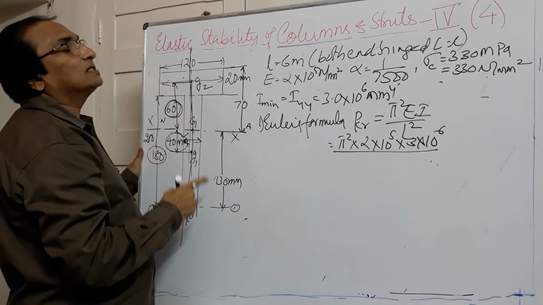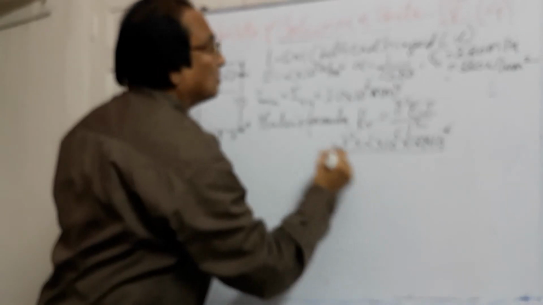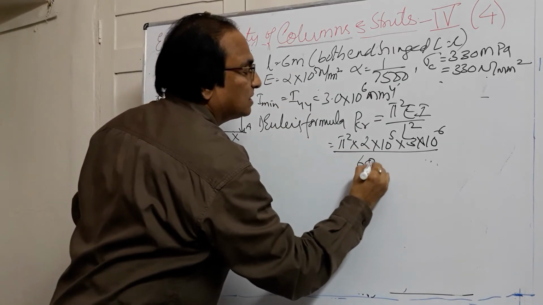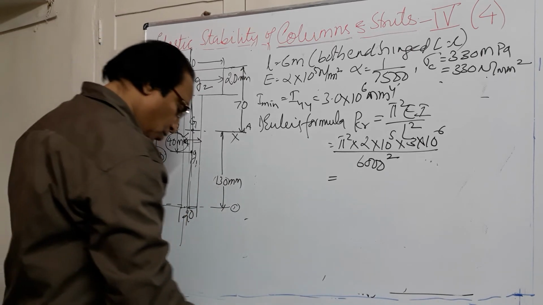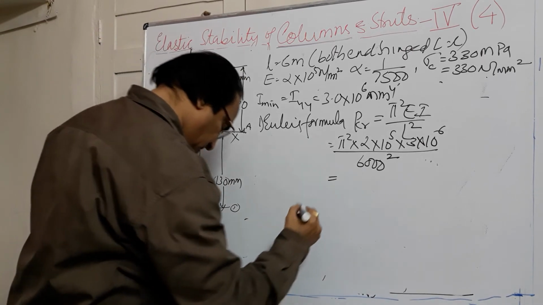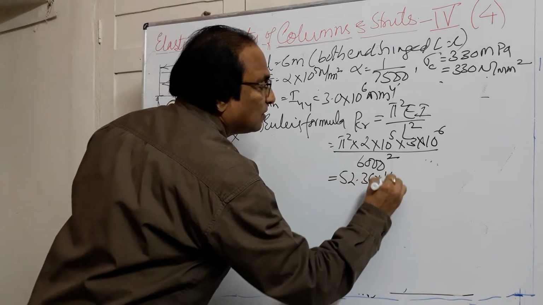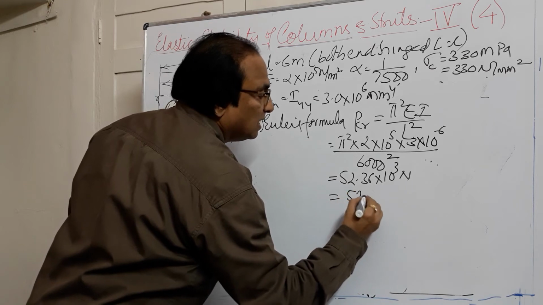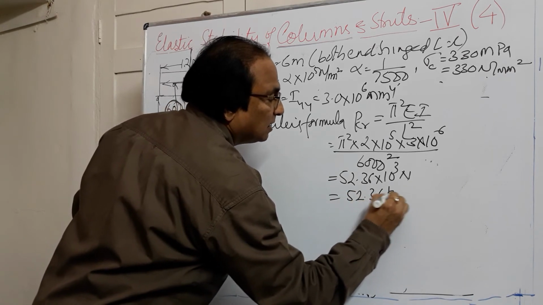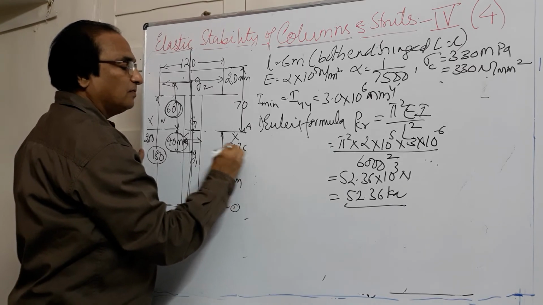Both the ends are hinged, so the effective length will be equal to the actual length of the column. The actual length of the column is 6000 mm. If you simplify this, you get Euler's crippling load as 52.36 into 10 to the power of 3 Newton. If I convert it into kilonewton, it will be 52.36 kilonewton. So this is the load you get from Euler's formula.